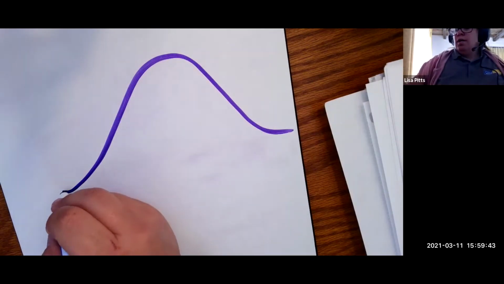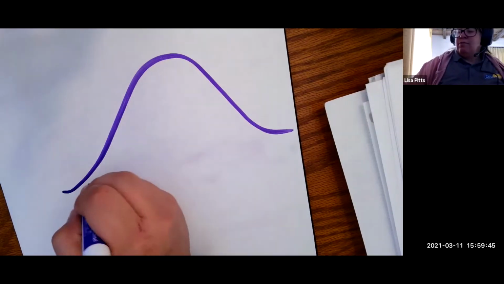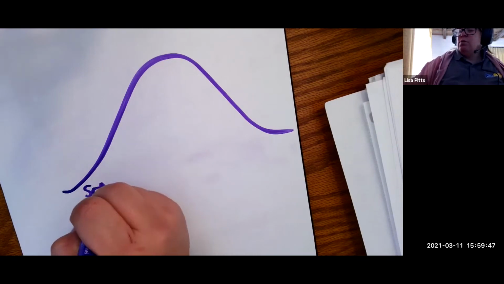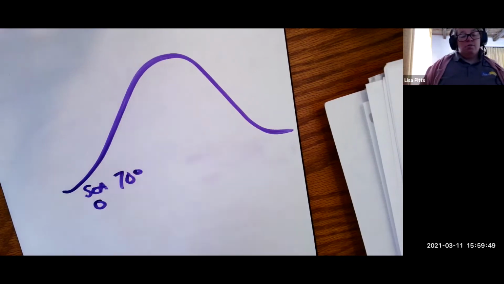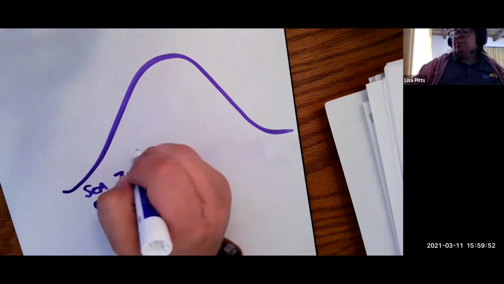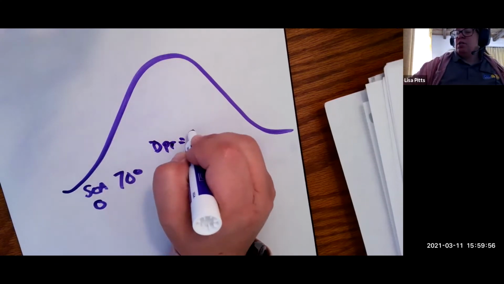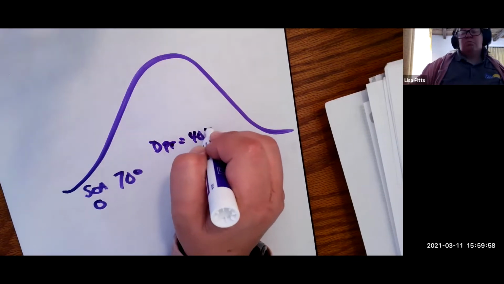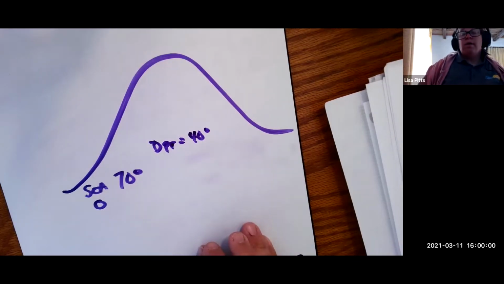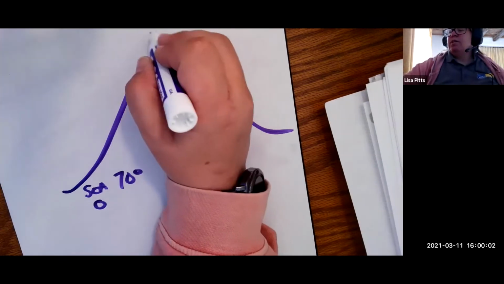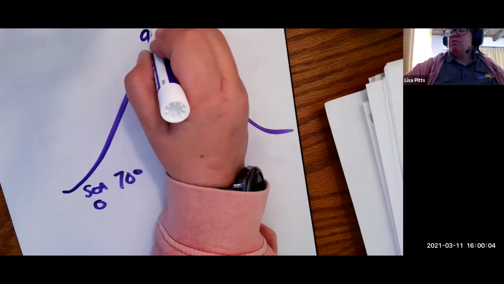All right, so it'll give you a temperature at like sea level, right? Sea level 0. And let's say it's 70 degrees, okay? And it'll say the dew point temperature is 40 degrees. You go, okay, and the top of your hill is, I don't know, 9,000 feet.